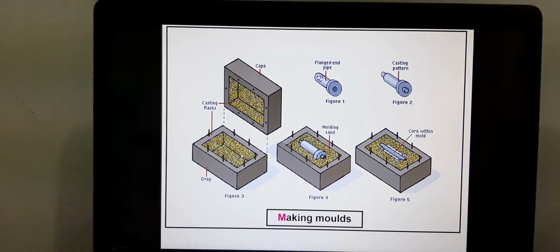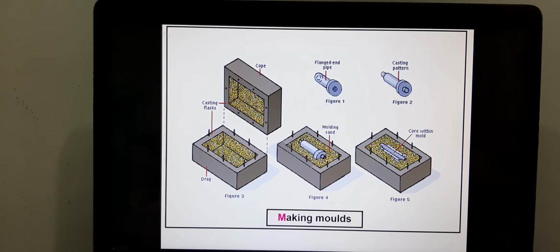You're going to put the pattern there and ram the sand around it. So this is the cope half and the drag half. You're going to ram the sand surrounding the pattern, and then you're going to overturn the cope onto the drag. And the dimensional accuracy is very important to ensure that when you overturn the cope onto the drag, it will fall typically symmetrical with the bottom pattern.